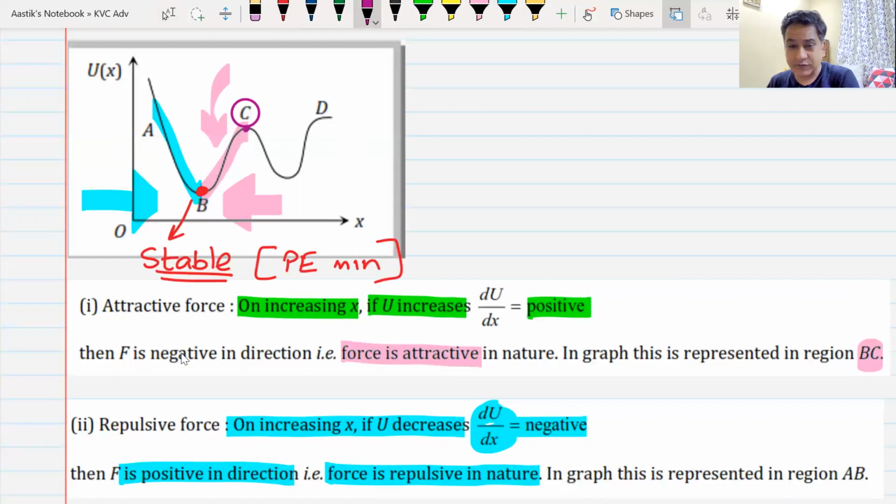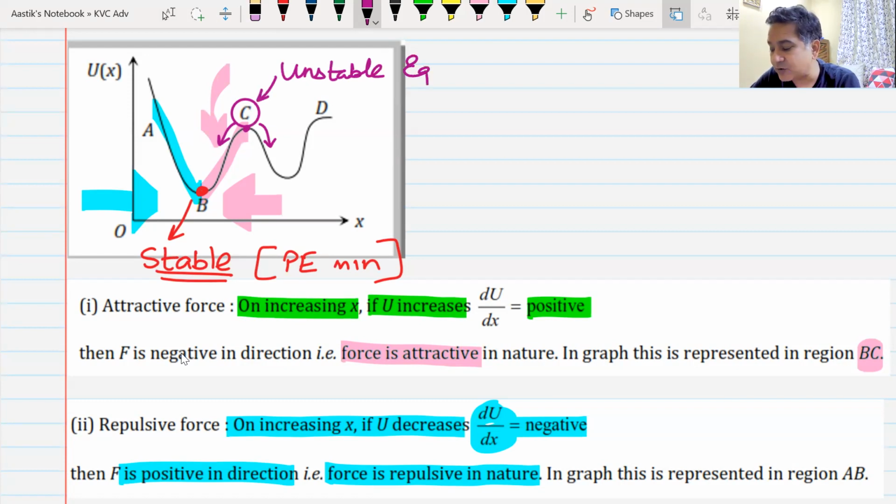Now at this point C, what happens? If I push you, you will fall down on this side or you will fall down on this side. That means as long as you are on C, everything is okay. But as soon as you move slightly, you will just fall down. That means this is a point of unstable equilibrium.